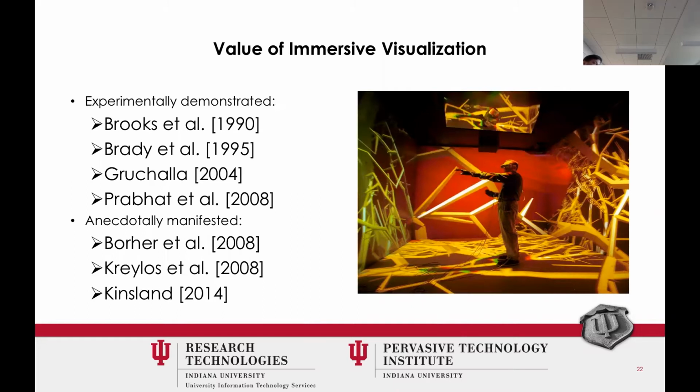He was bringing a friend just to show him, hey, here's my data in the cave. He had literally just finished a paper on this very data set. And while in the cave with his friend, he realized something that he totally missed in this other paper. So he went back and got a whole new publication out of this one little insight that he got from literally just being in the cave for 10 minutes.